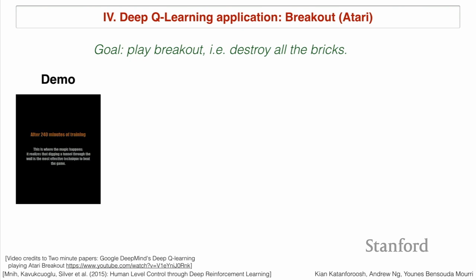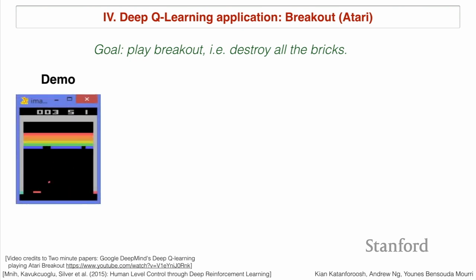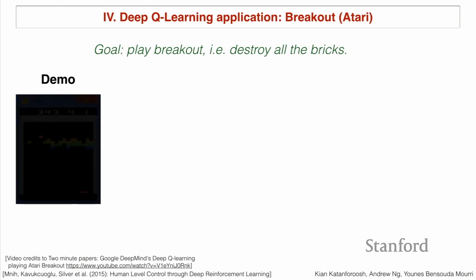And this demo, and you have the credits on the bottom of the slide, shows that after training Breakout using Q-learning, they get a super intelligent agent which figures out a trick to finish the game very quickly. Even good players didn't know this trick. Professional players know this trick.